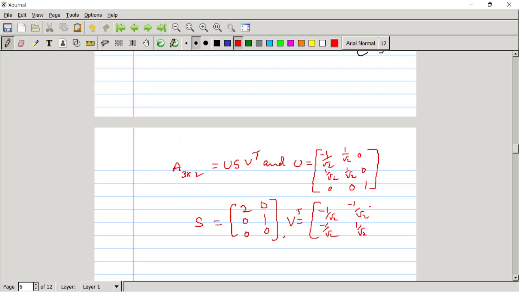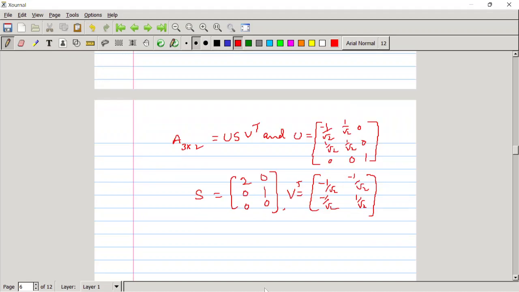Then we have to find the pseudo inverse of A. I found it, but the option does not match any of the given options, so we have to calculate this.